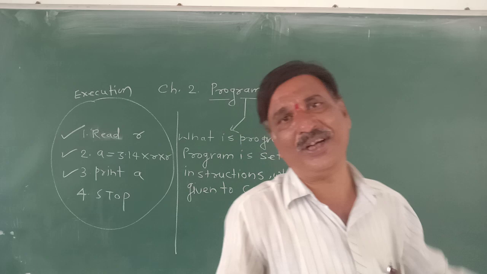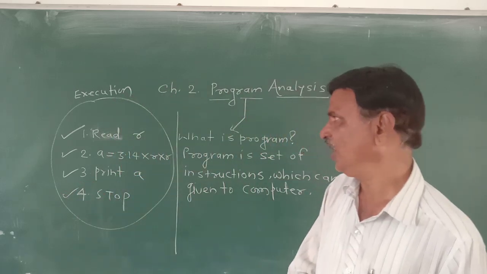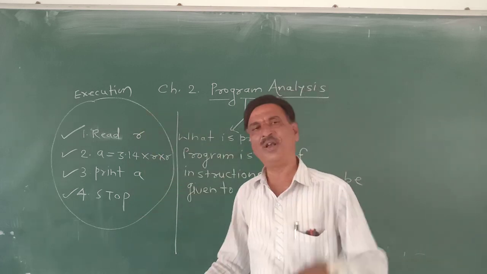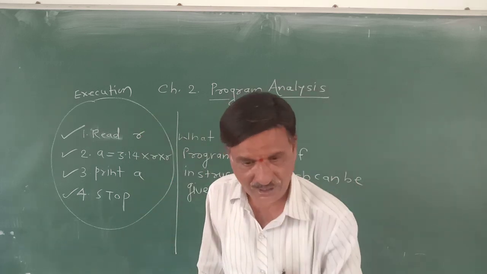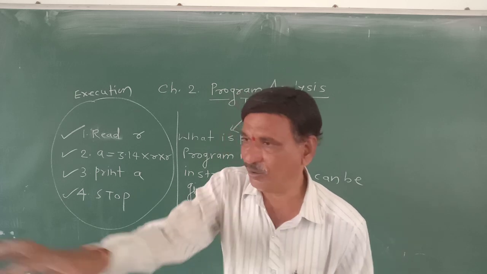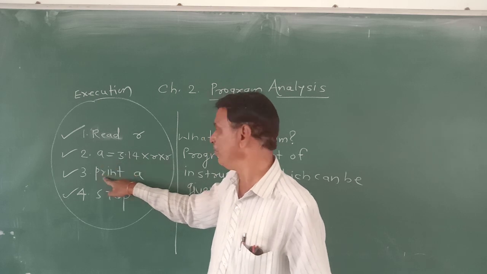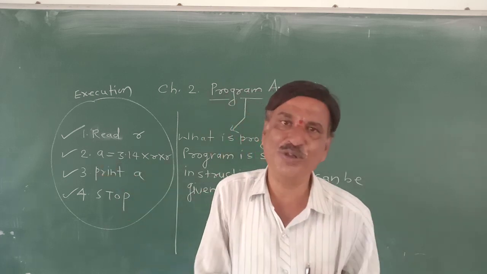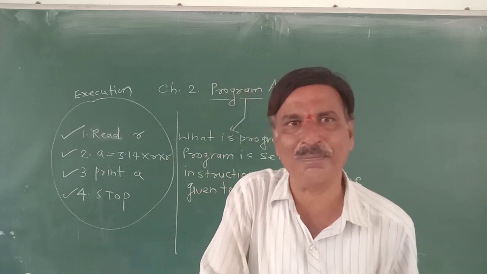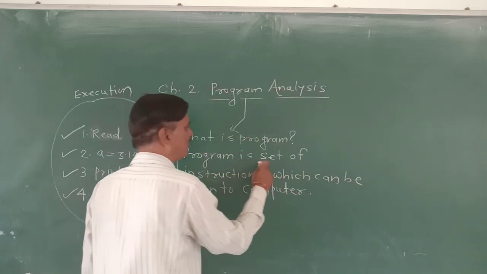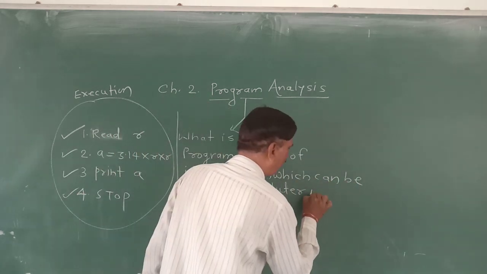And after that, the computer will stop. So what happened when all these 4 instructions were executed? You gave the value from the keyboard, that is 8. The computer accepted that value, put that value into the formula, and the outcome was printed. And the computer stopped. Problem is solved. So this set of instructions was there to solve the problem. So program is a set of instructions which can be given to the computer in order to solve the problem.